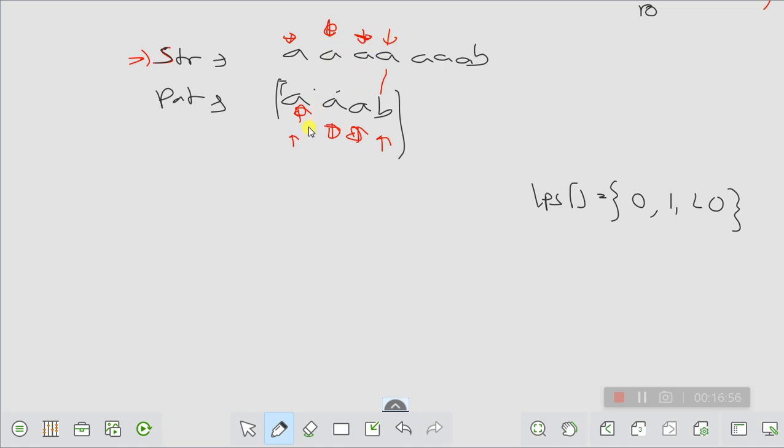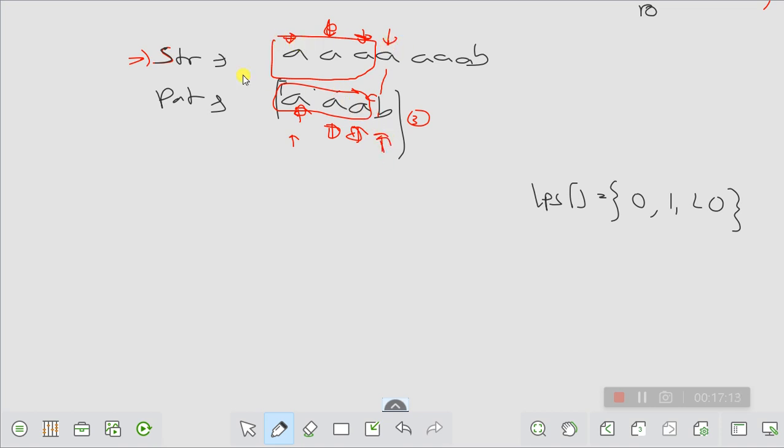But here I'm going to avoid some comparisons, because since I'm at this index 3, this string is something which is already matched, isn't it? This string is matched, that's why I'm at this index.